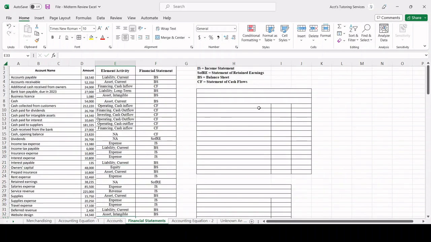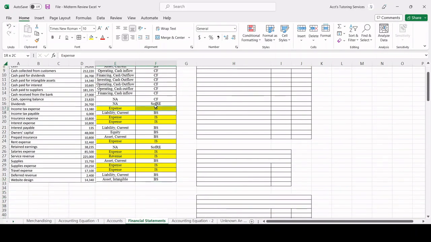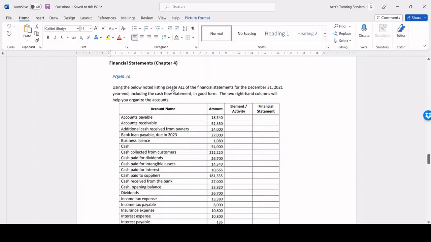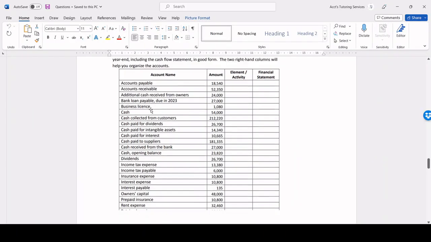So now we're going to tackle the income statement first, right? For the sake of simplicity, so it's easy for you guys to follow along, I put all of the income statement accounts in yellow. Whenever we have a formal financial statement, it's a 3-part title: company name, statement name, and then the date. The company name is not given to us in this question.